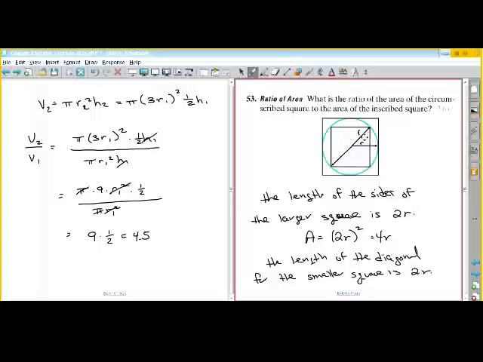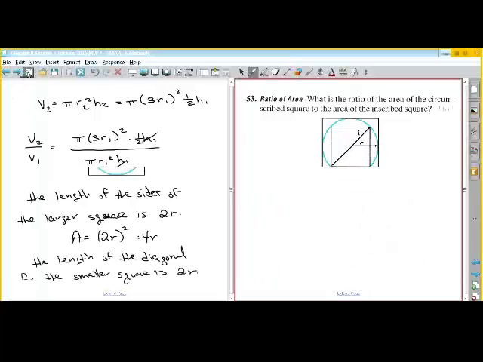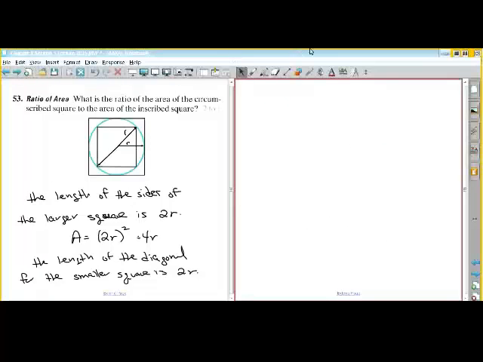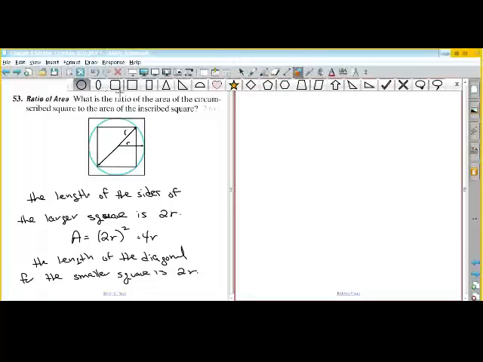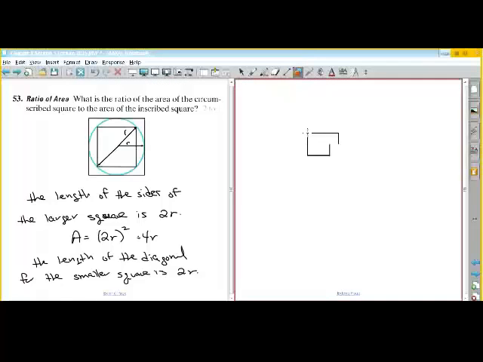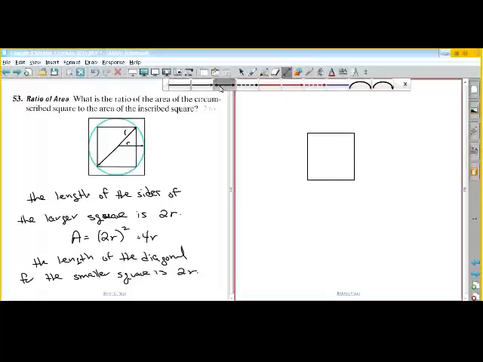So what I need to figure out is the area, based on the fact that this is 2r. Well, to figure out the area of a square, you need to know what the lengths of each side are. So let's draw a version of that square over here to the right. The distance from here to here is 2r.